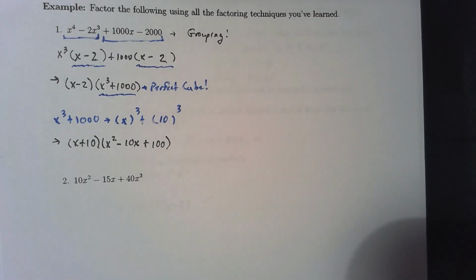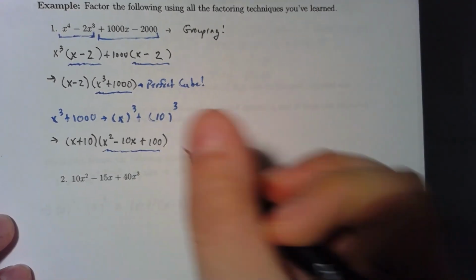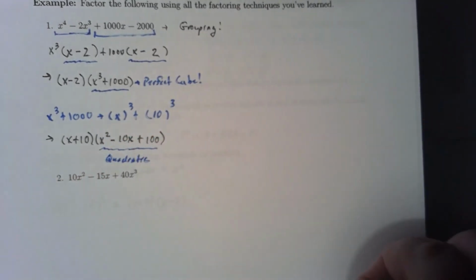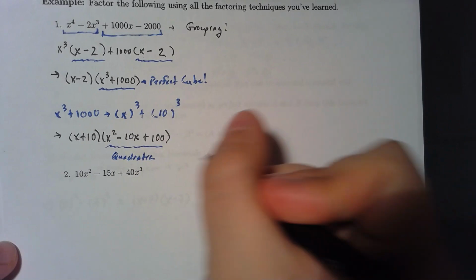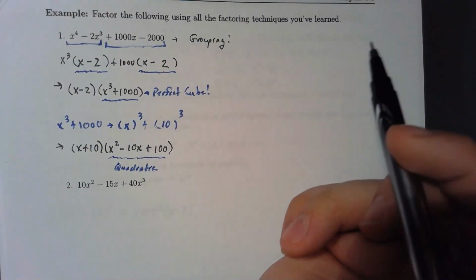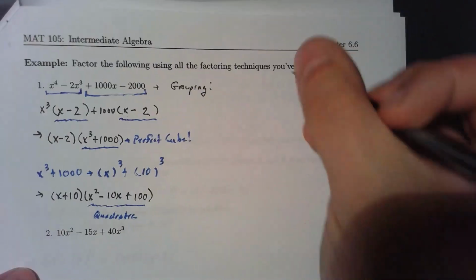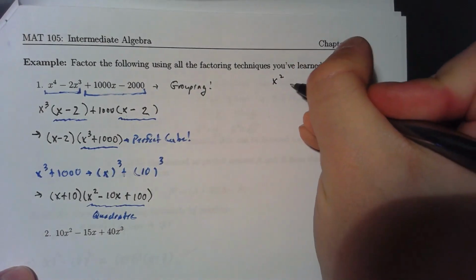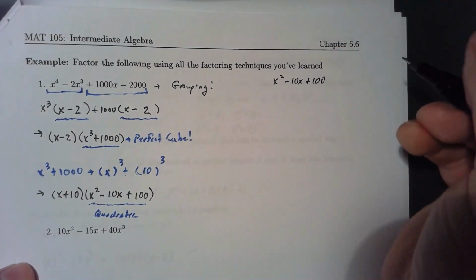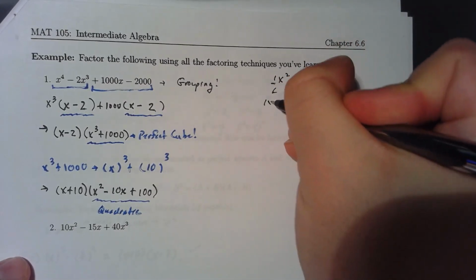Now what is this? That's a quadratic. Does that factor? I have to see if that factors, right? So if I go up here, the leading coefficient here is 1, so that's 1 times 1.